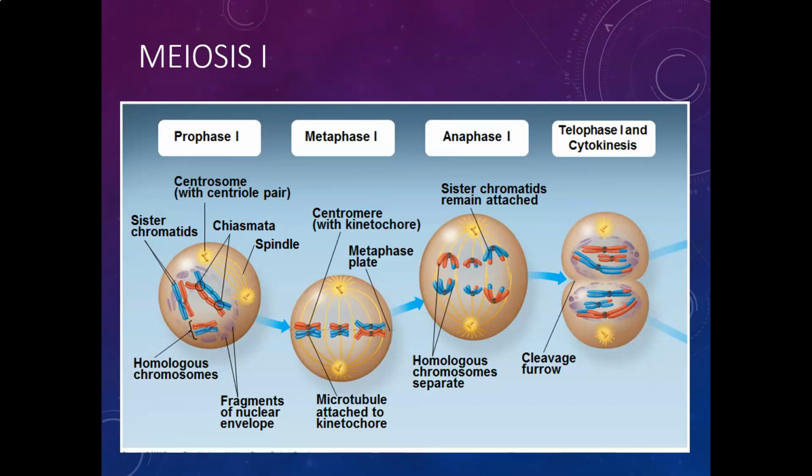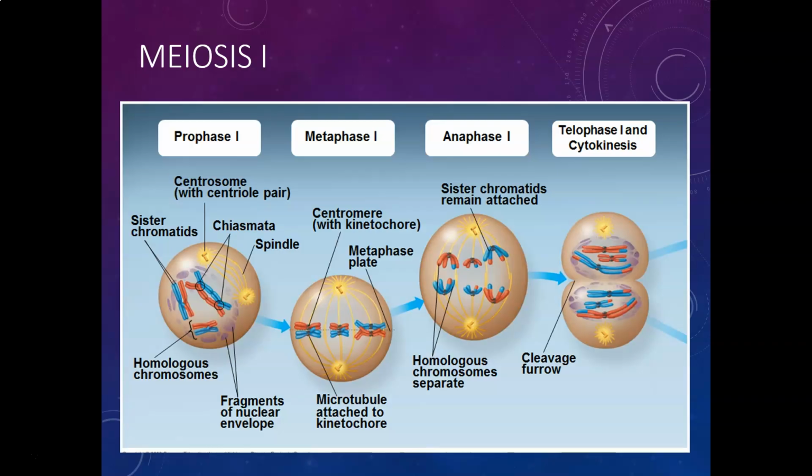But the big hallmark here that makes prophase 1 different from both prophase 2 in meiosis as well as prophase in mitosis is that here's where crossing over is going to happen. So here's where we're going to do our first step of mixing up, recombining genetic information between your maternal homologous chromosomes and the paternal ones.